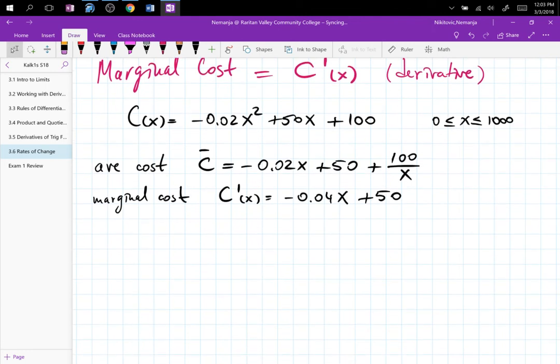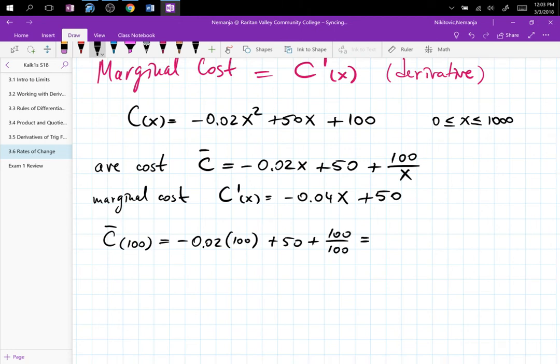Now they're asking us to compute these at 100 and at 900. So let's compute the average cost of making 100 units. Well, we plug in 100 everywhere. So that's negative 0.02 times 100 plus 50 plus 100 over 100.